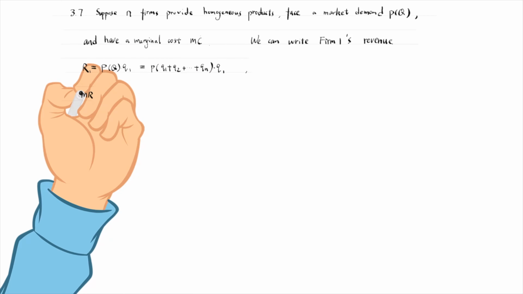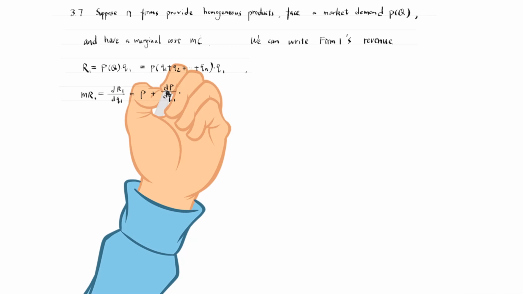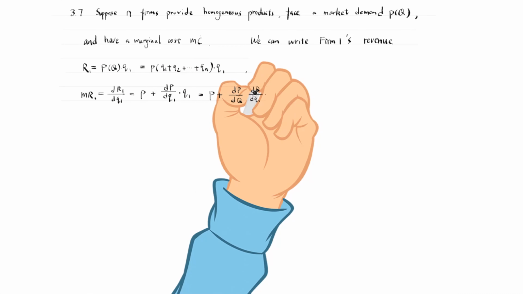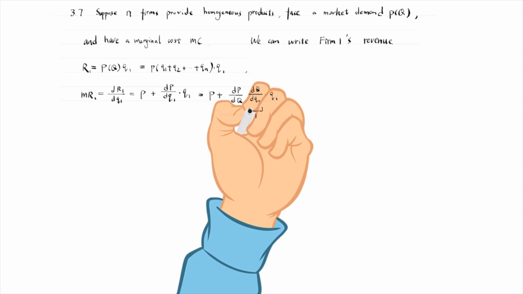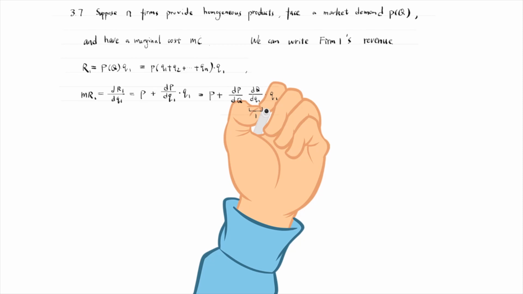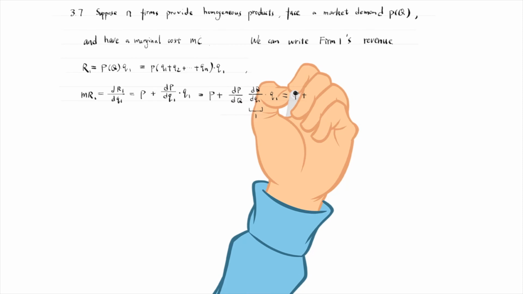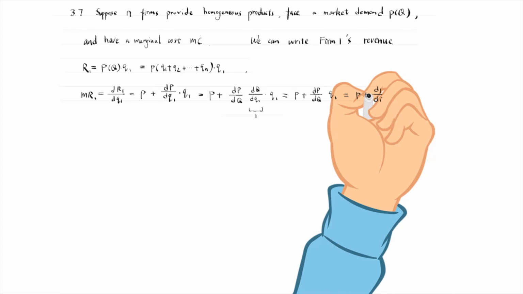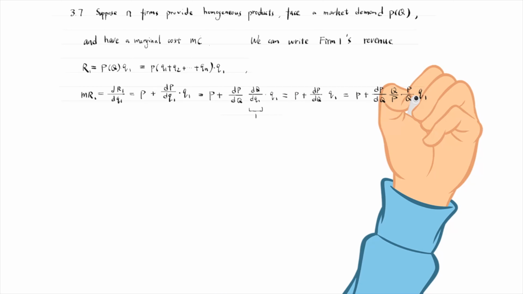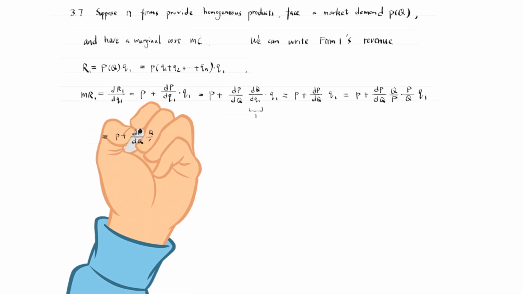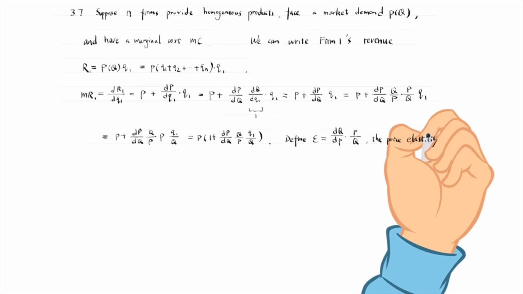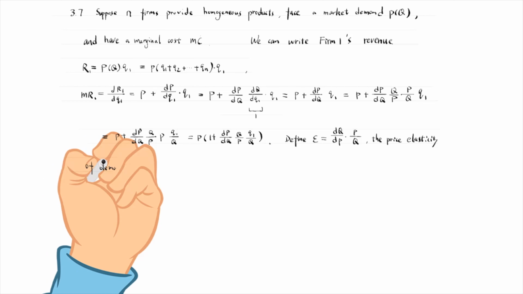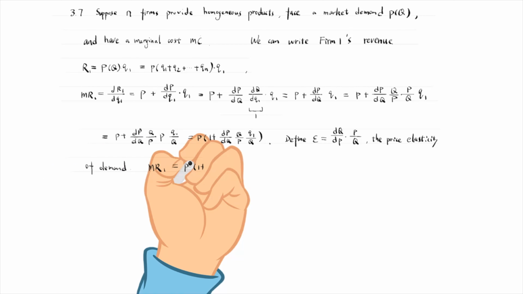Its marginal revenue is the derivative of revenue with respect to output. We can rearrange the terms and define epsilon, the price elasticity of demand in the market.